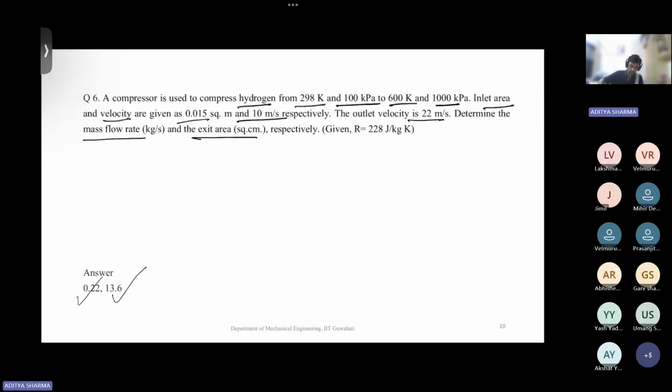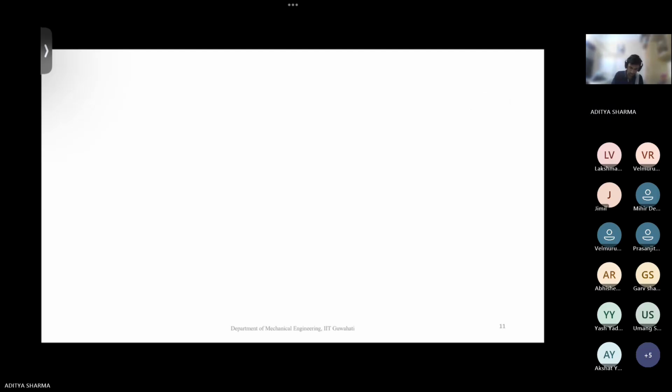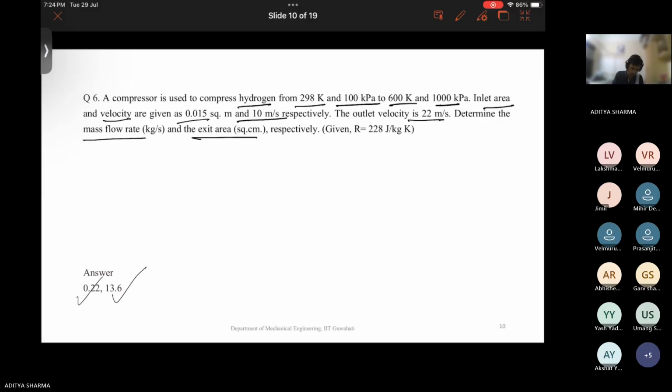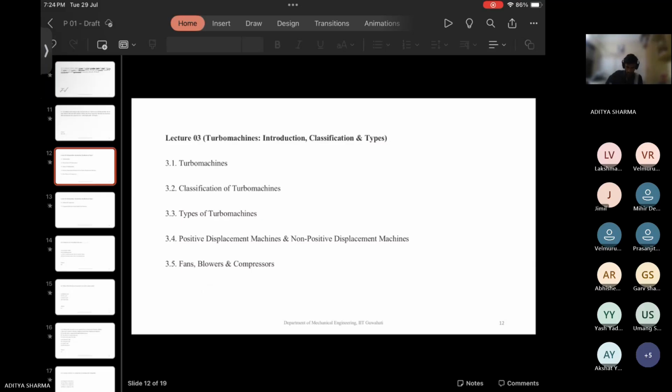Now moving on to the next question. Next I also have a numerical, but before taking this numerical, I would like to move on to the next lecture, the last lecture of this week, because we have around 35 minutes.